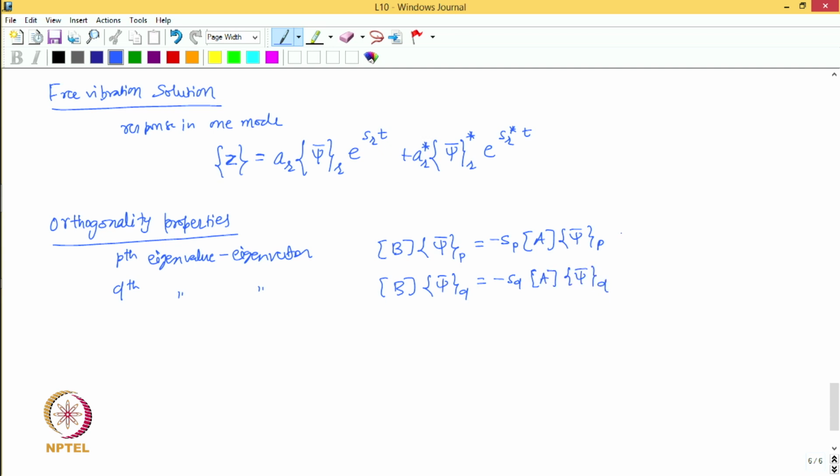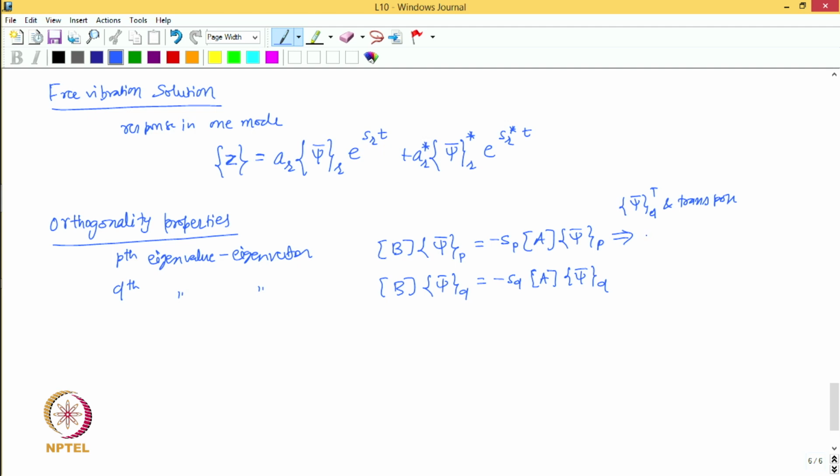Let us now pre-multiply this by psi bar p transpose, and also take the transpose of the resulting equation. So, what is the result of that?